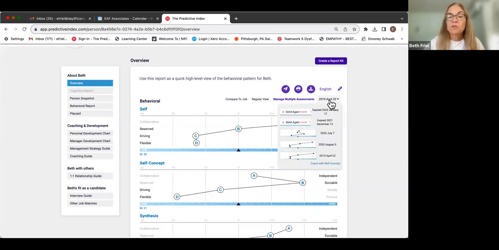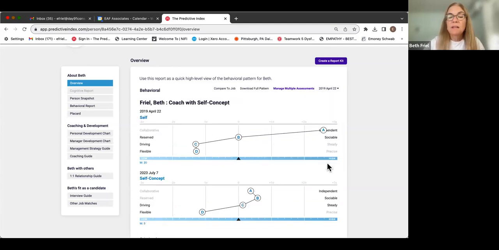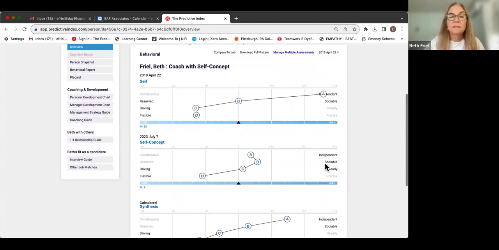Now there's a little trick. If I hover over the date and I go down to coach with self-concept, it's going to put my most recent self-concept with my original self. And the reason it does that is because we consider the first time you take the assessment to be the most valid. Because once you take it a couple times, you know how to game it.